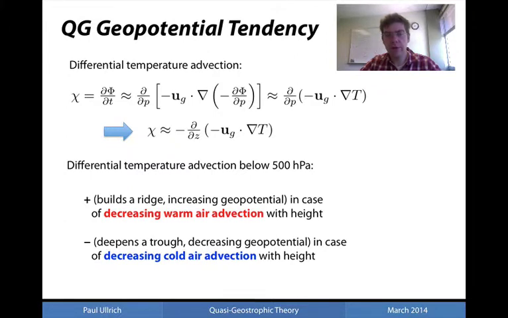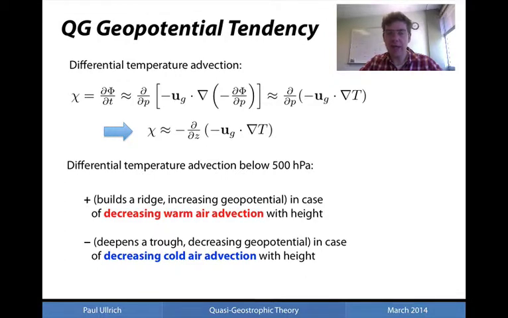So for differential temperature advection then, our geopotential tendency equation looks like this, namely simply the shear of the advection of temperature. And so when we have differential temperature advection below 500 hectopascal, that is near the surface, when we have positive differential temperature advection in this region, we then have a tendency to build a ridge, increasing geopotential, which is associated with decreasing warm air advection with height.